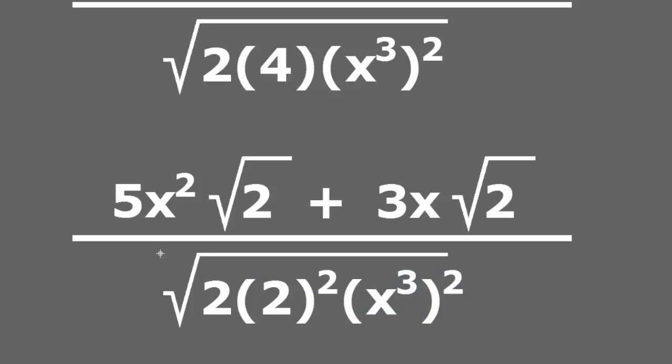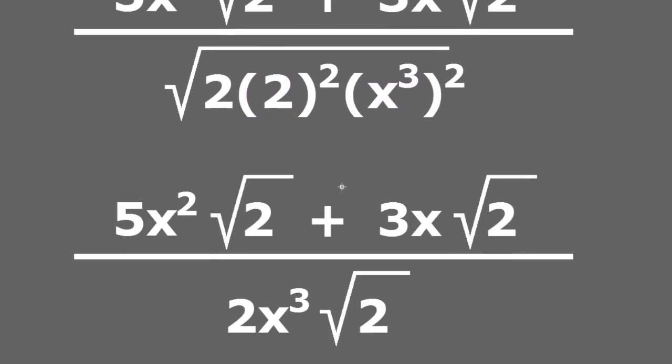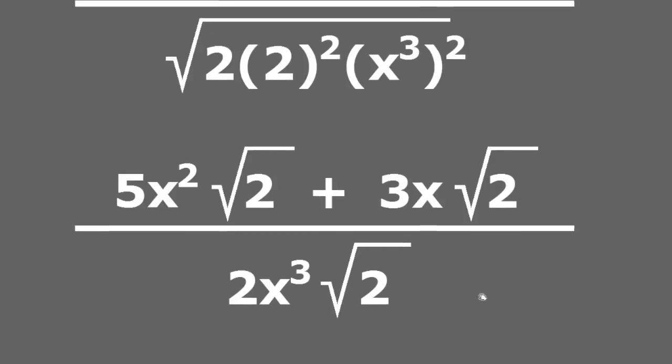And all of that inside of a square root, which is of grade 2. So I can take outside of the square root the number 2 and the x cubed. And that is what I do in this step. The 2 is on the outside now, and the x cubed is on the outside of the radical sign also now. All of that denominator becomes 2x cubed multiplied by the square root of 2.